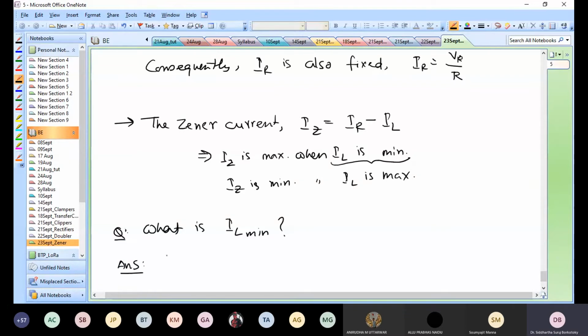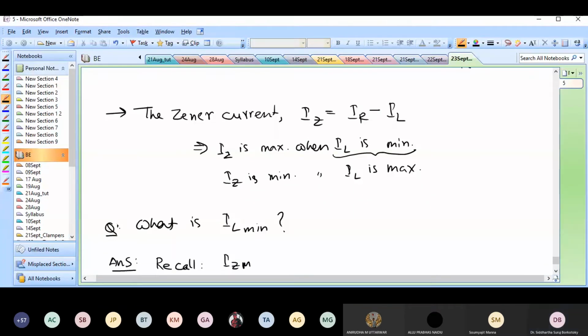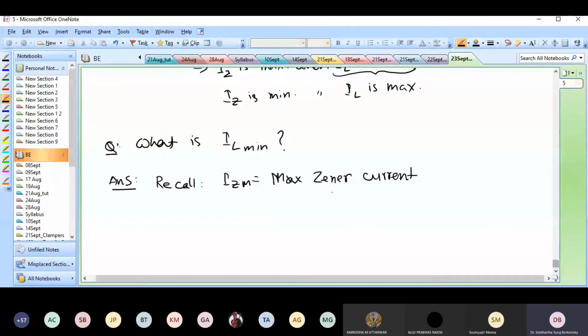Let's remind ourselves that there is something called IZM. Recall that IZM is the maximum Zener current. We discussed this yesterday. If IZ is at its maximum IZM, then IL would be minimum. So IL minimum is equal to IR minus IZM.